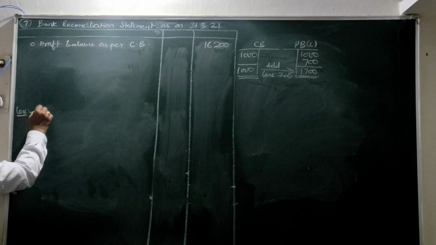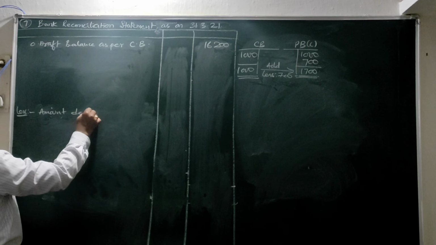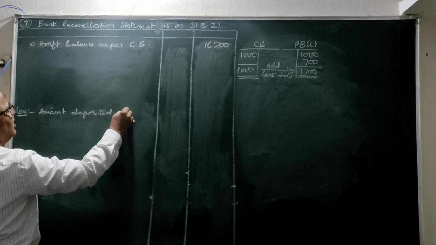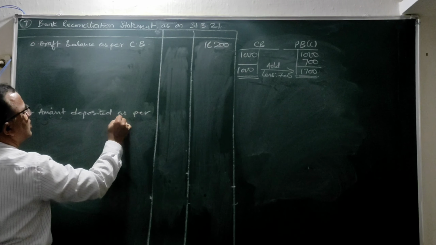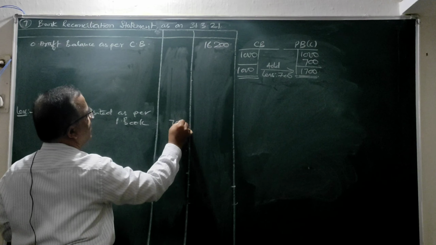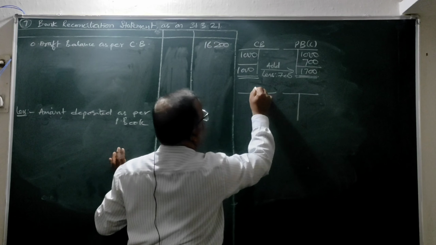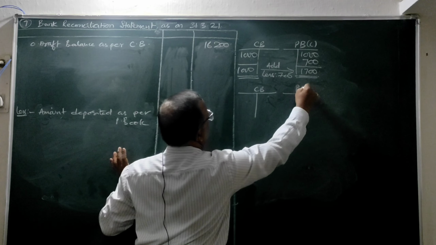Amount deposited as per passbook or bank statement. How much? 700.